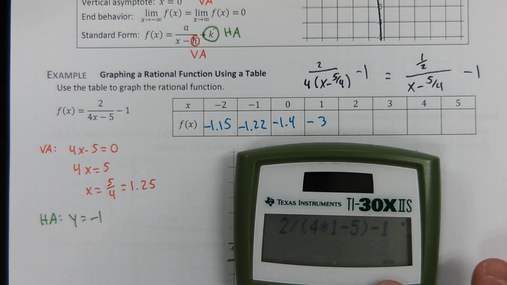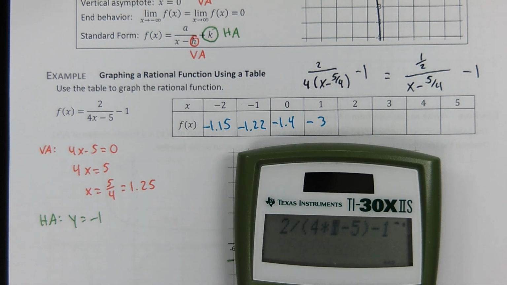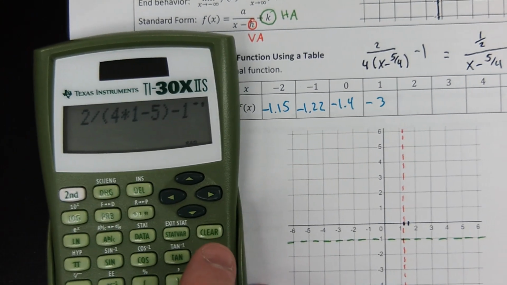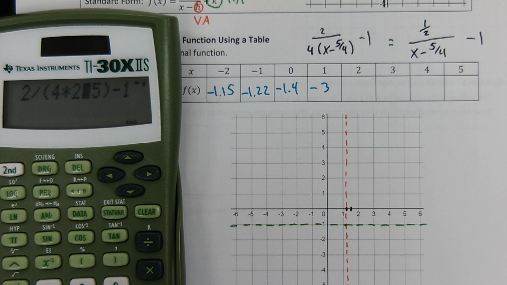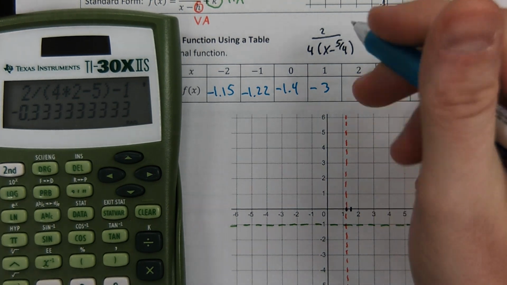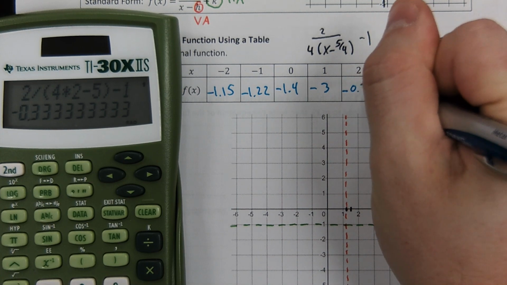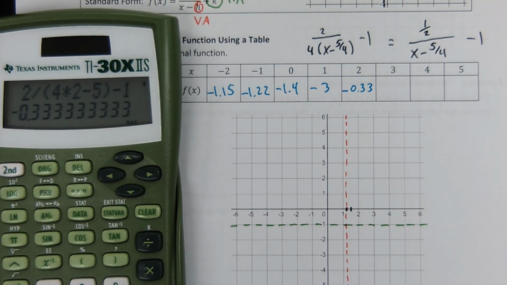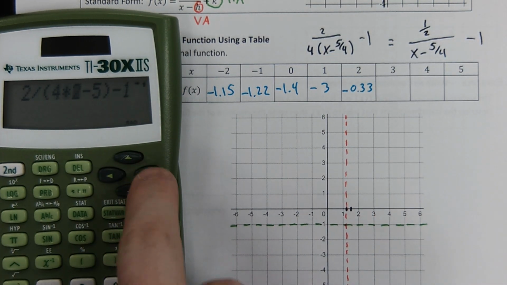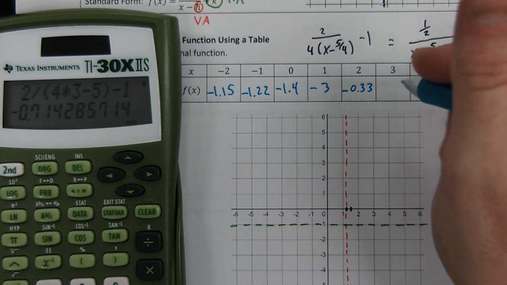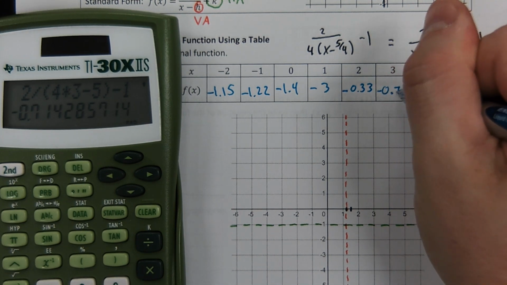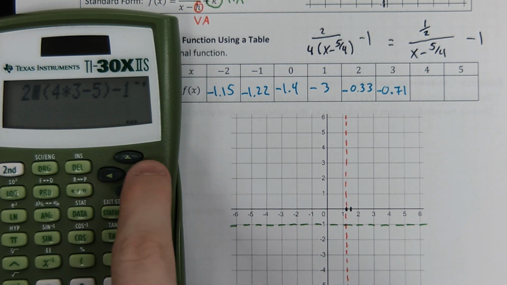Let's see. Negative 1/3. Negative 0.3 repeating. Go up, change it to a 3. Negative 0.71. Make it a 4, make it a 5.